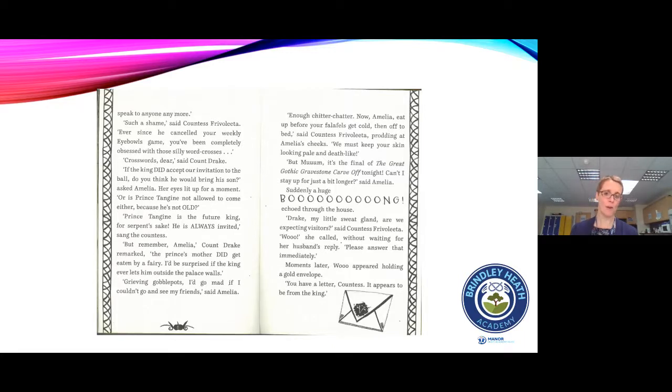He is always invited," sang the Countess. "But remember, Amelia," Count Drake remarked, "the prince's mother did get eaten by a fairy. I'd be surprised if the king ever lets him outside the palace walls." "Grieving gobblepots, I'd go mad if I couldn't go and see my friends," said Amelia. "Enough chitter-chatter now, Amelia. Eat up your falafels before they get cold. Then off to bed," said Countess Frivolita, prodding at Amelia's cheeks. "We must keep your skin looking pale and death-like."